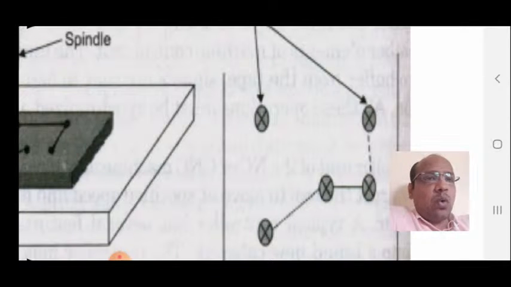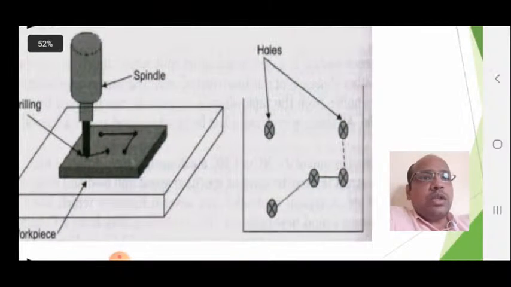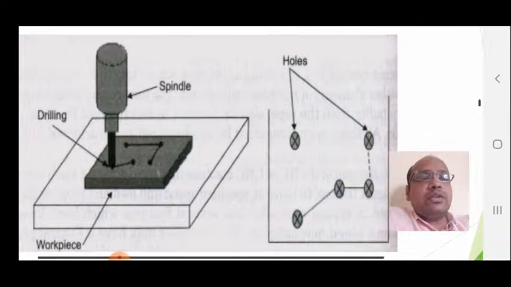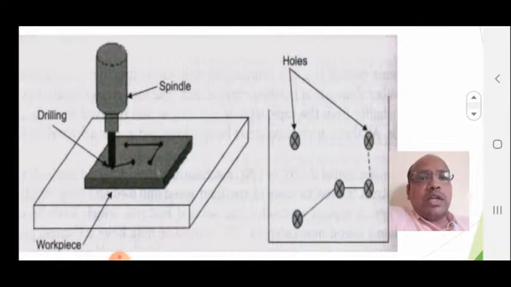Each point has coordinates and tool moves from one point to another point, to third, to fourth, to fifth. These points are nothing but holes which are obtained by using a drilling tool, and the workpiece is mounted on the table. So tool moves from point to point.